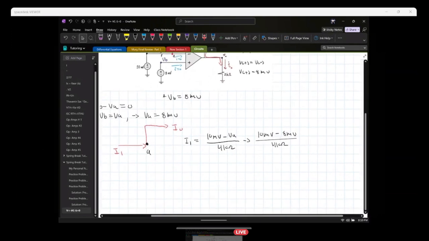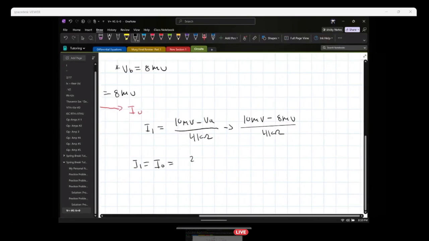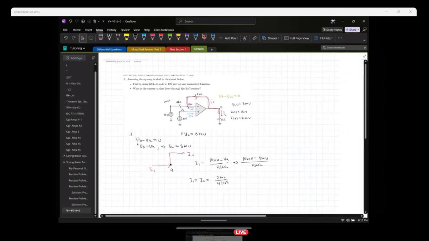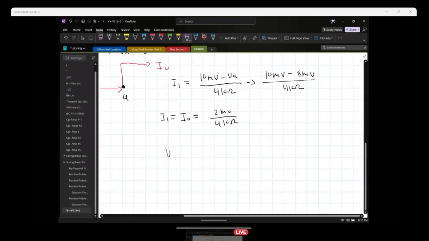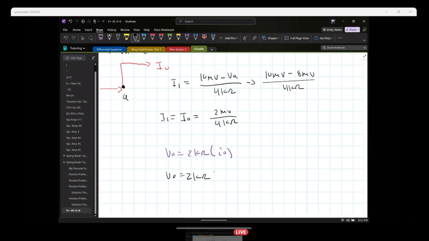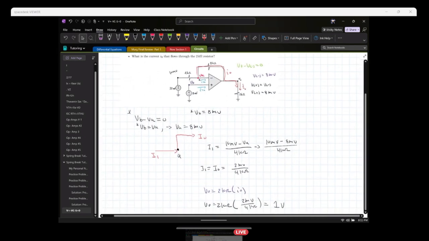Now that we know that, to solve for the voltage, we could just do 2 times the I. We know that VO is... that's what I got. That's how I would do it. 1 volt. It is 1 volt, because that's how you solve it ideally.